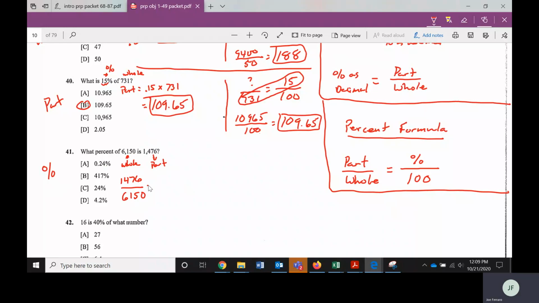Okay, the other number is the part. So you take 1476 divided by 6150, and you get 0.24. Now remember, that here equals a percent as a decimal. So when you use this one, now you got to go 1, 2, and it's actually 24%.